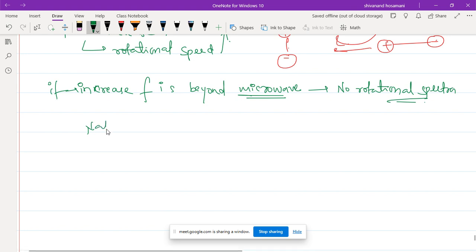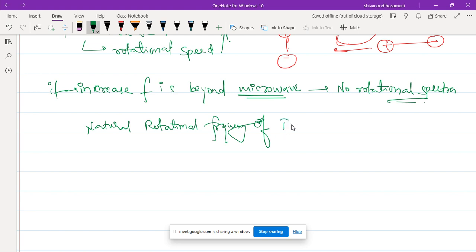So the natural rotational frequency of this diatomic, if it matches with microwave, then we call it resonance, or we can call it pure rotation spectra. It is purely rotating then.